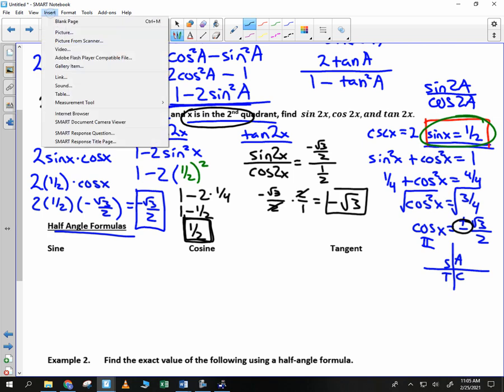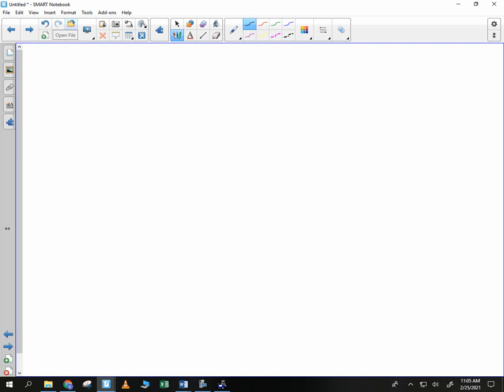I'm just going to show you one more thing. Suppose that you had something like 2 cosine squared of 15, minus 1, and you wanted to simplify that into something better.